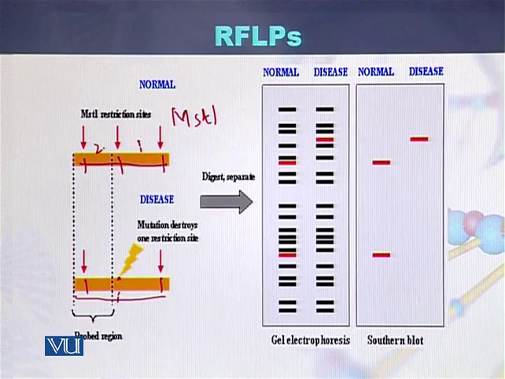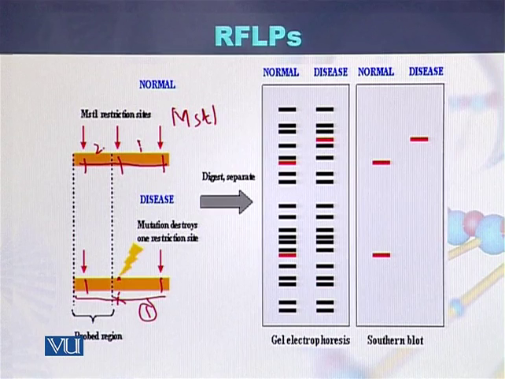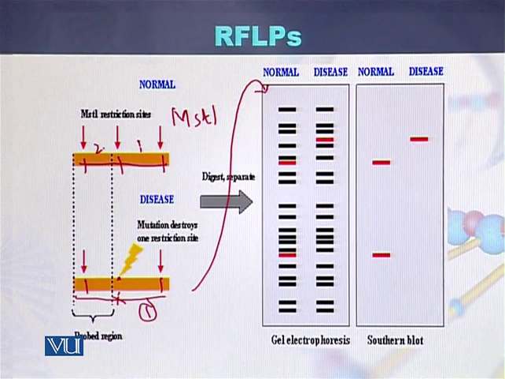If we digest the DNA of the individual who has the disease, it will produce a single fragment. In the normal case it produced two fragments, but in the individual with the disease, the DNA will produce a single band. We can see that here in the normal and the disease case.